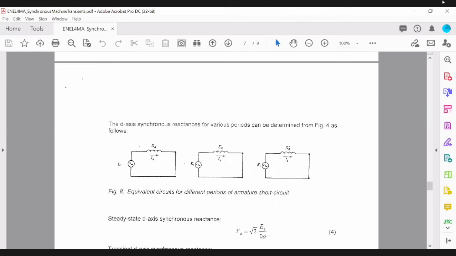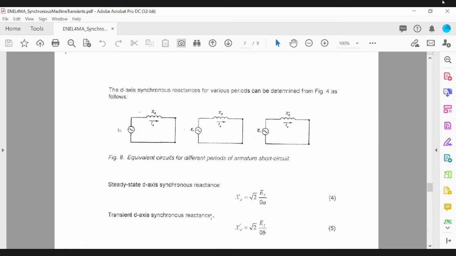And finally, for the steady state we will use the steady state reactance, which is your d-axis synchronous reactance. So that's Xd.